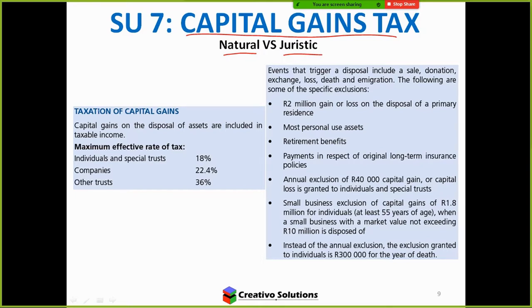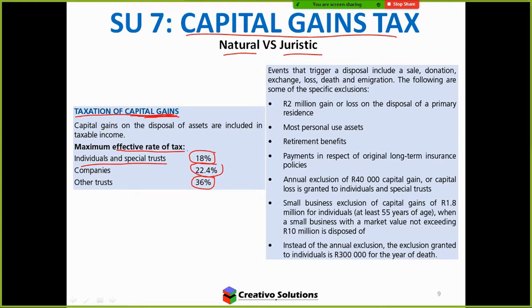When you're looking at tax of capital gains, these are the maximum effective tax rates taking those inclusions into consideration. An individual, in terms of their maximum effective rate of tax, would be 18%. Companies, 22.4%, and trusts, 36%. That applies in terms of CGT, taxation of capital gains.